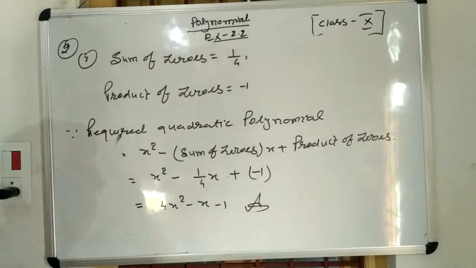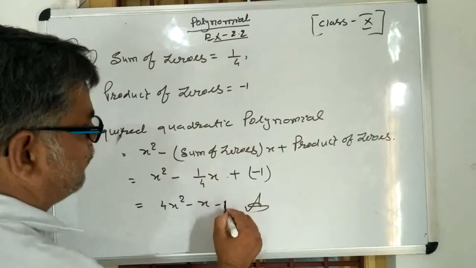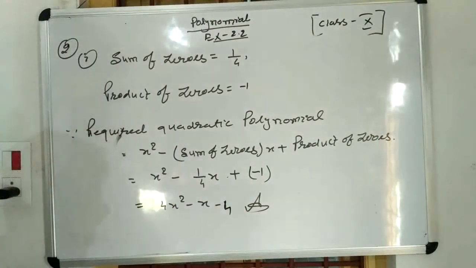Sorry, there is a mistake. When we multiplied by 4, this term will also be 4. So this is your required polynomial and the answer of the question.